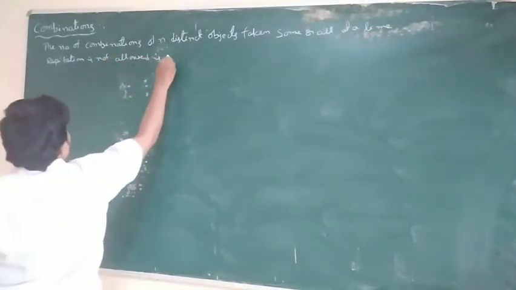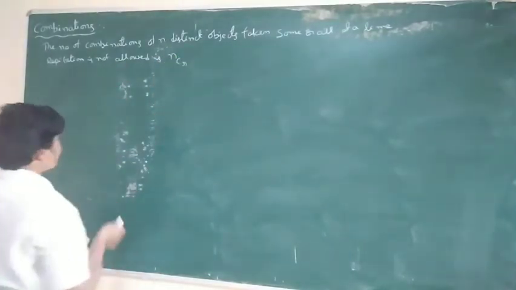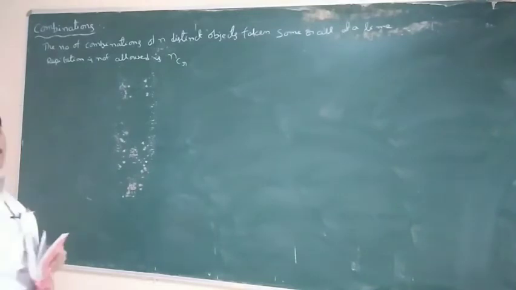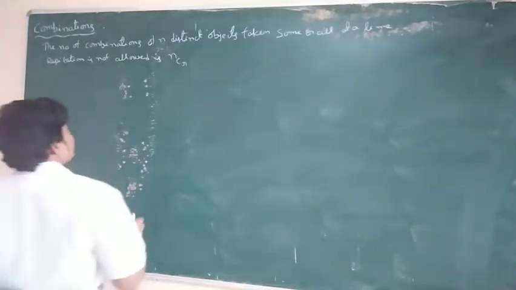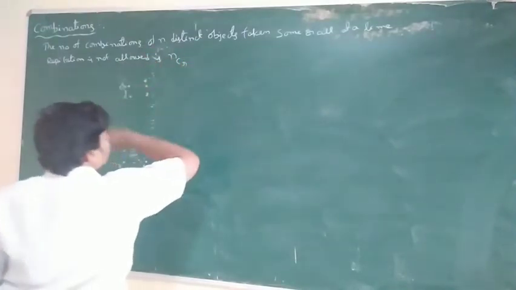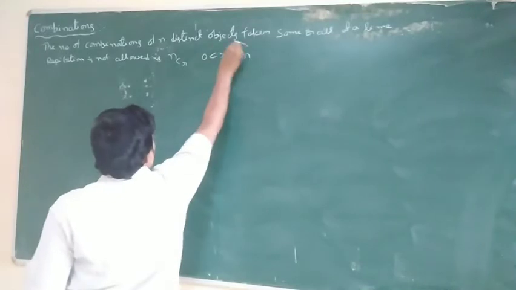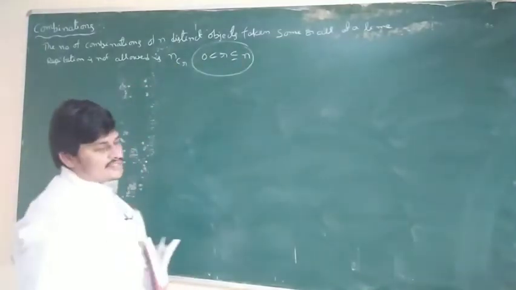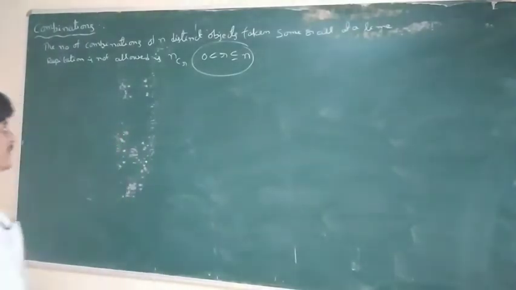It is nCr. Permutation is nPr, and combination is nCr. The range of r is 0 less than or equal to r less than or equal to n.